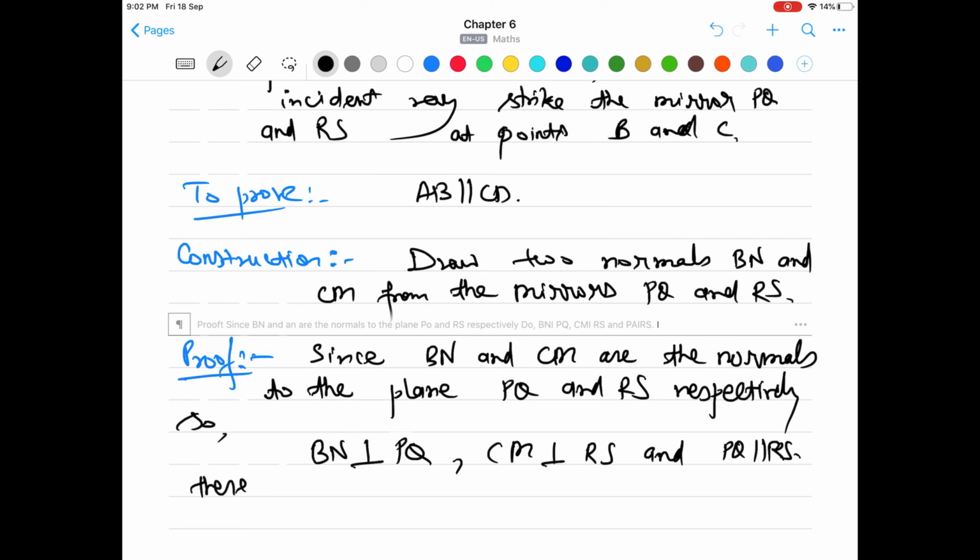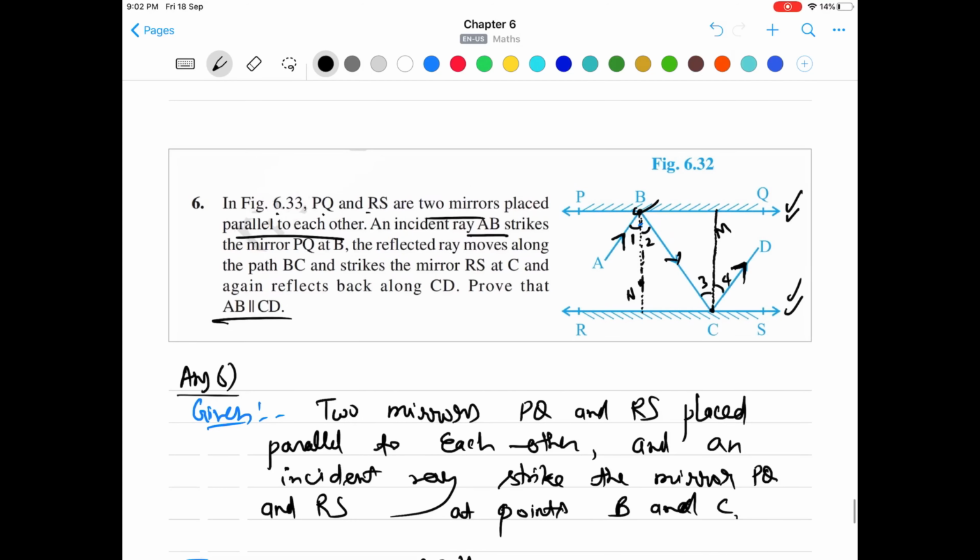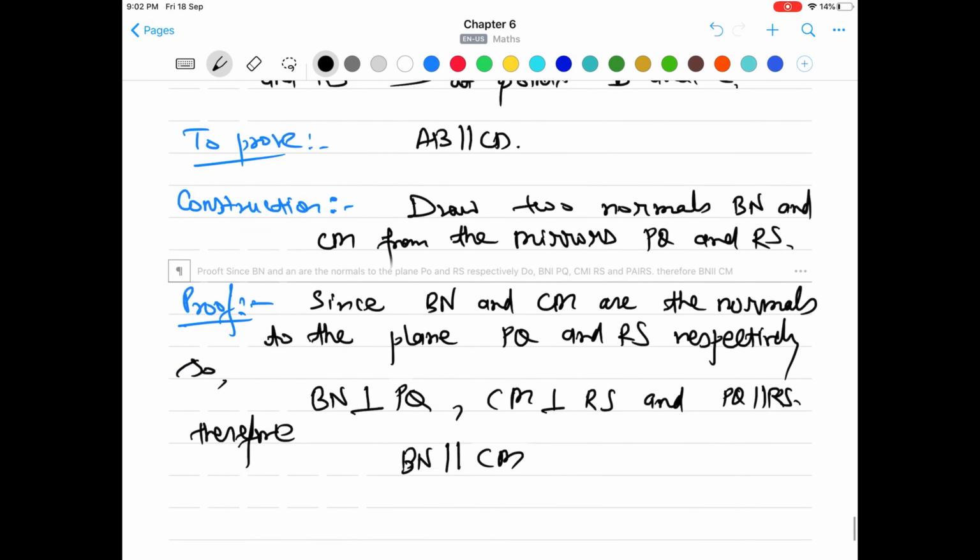So therefore the line BN will be parallel to CM. This is because these are the perpendiculars between the parallel lines and they have to be parallel to each other.